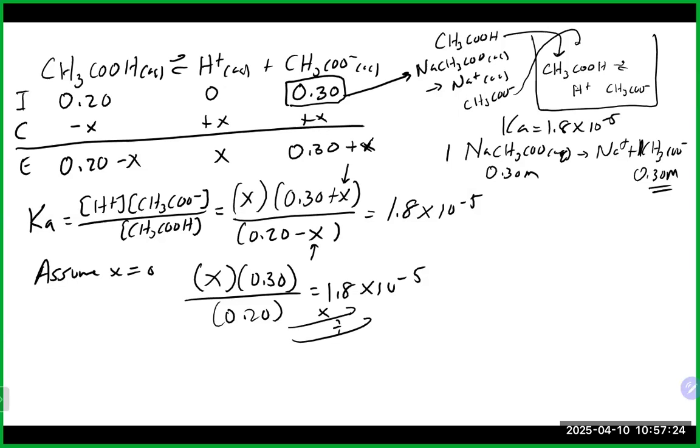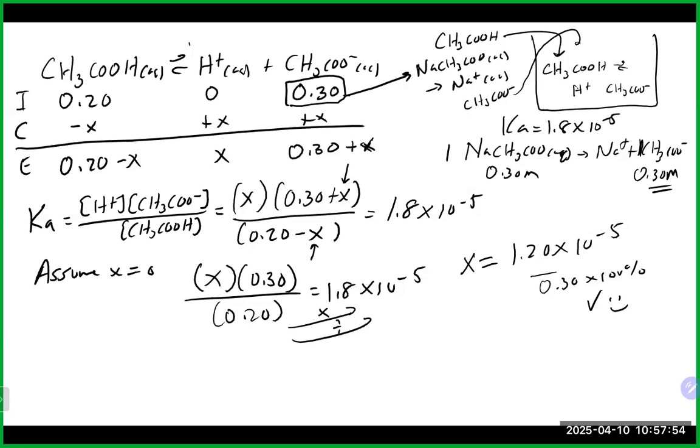We'll go 1.8 to the minus 5 times 0.2 divided by 0.3, which is going to give us an x value in this case. X is equal to 1.2 times 10 to the minus 5. We'll check it by dividing by 0.3, times 100. And I think again here we should be in good shape. And we are, so the check is good.